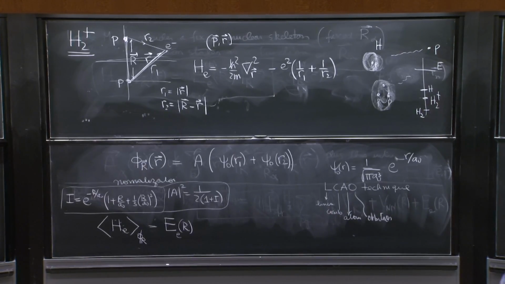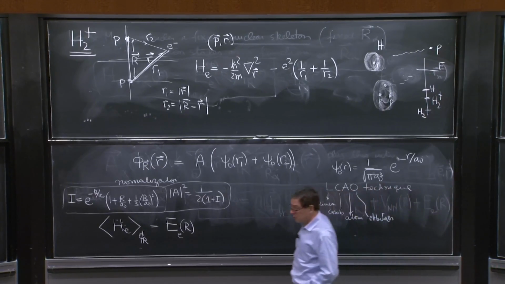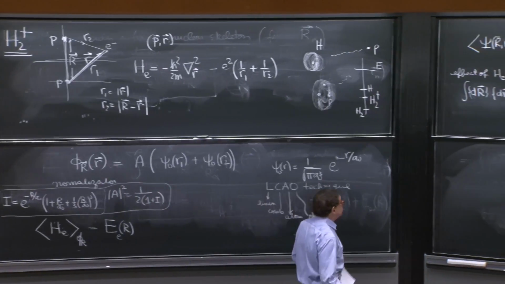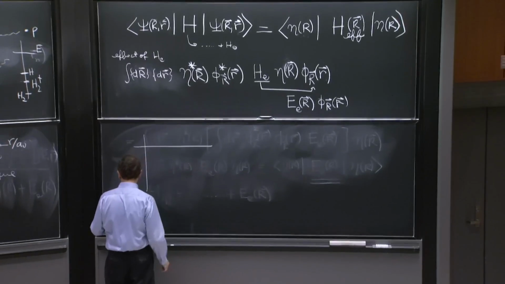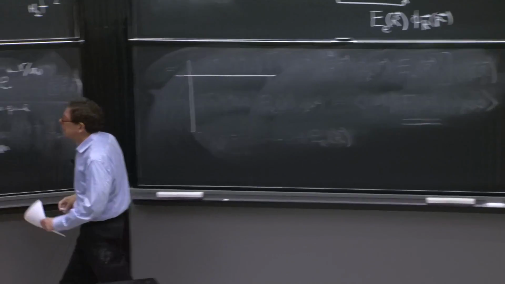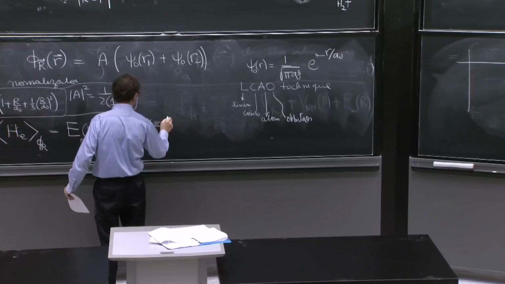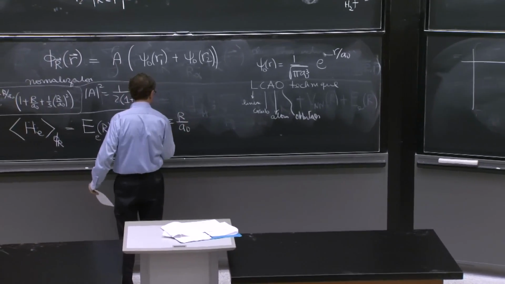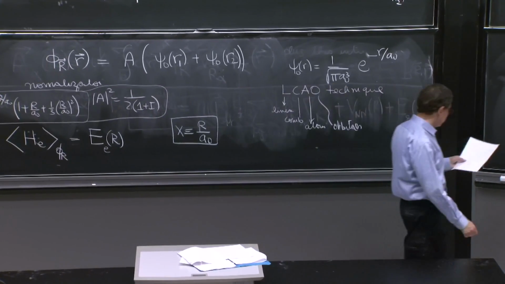So here is the function that you get. I'll plot here. This calls for a variable x, which is going to be the separation divided by a naught. This is the separation between the protons divided by a naught.